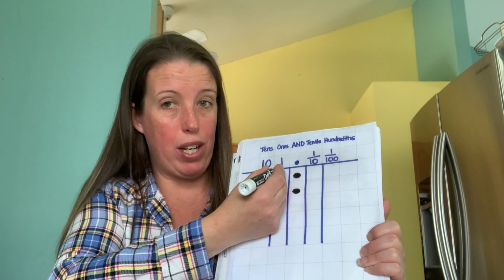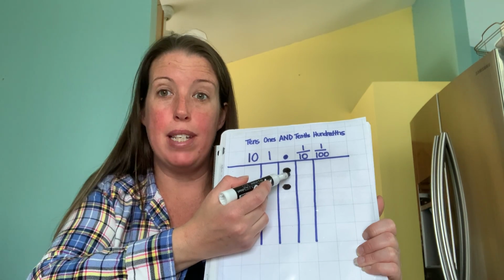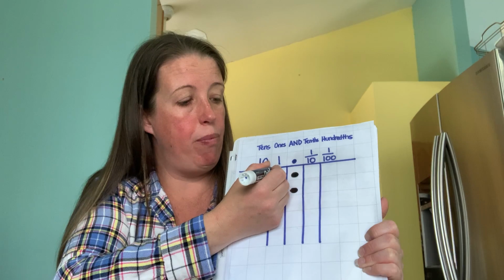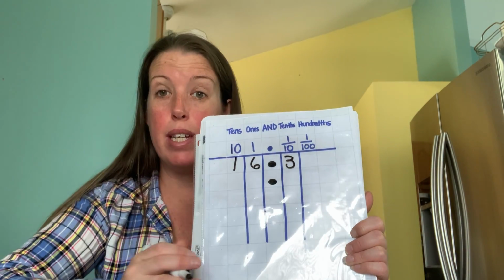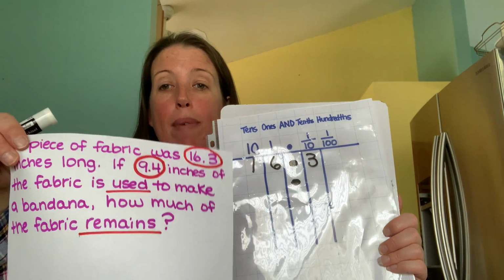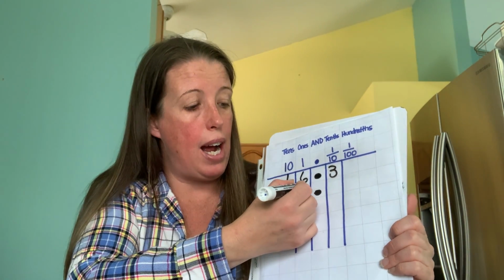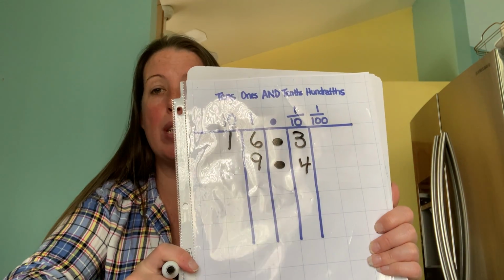So I can't start here in the ones place because I would have nowhere to put my 6. So I'm going to have to start with my tens for 16. 16.3. And that reads 16 3/10. For my second number, I'm taking away 9 4/10, or 9.4. I have my 2 numbers.